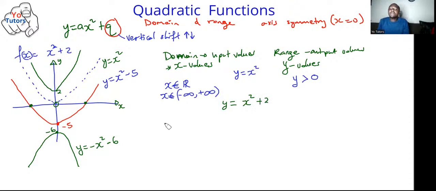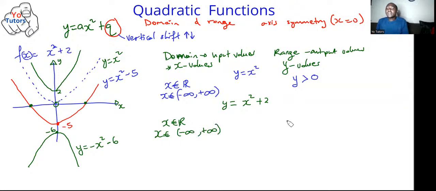Remember, domain will always be x an element of the real numbers, because it occupies any value in the x-axis. So this graph can go to negative infinity on this side too, in terms of x. Or we can say x is an element of negative infinity to positive infinity.